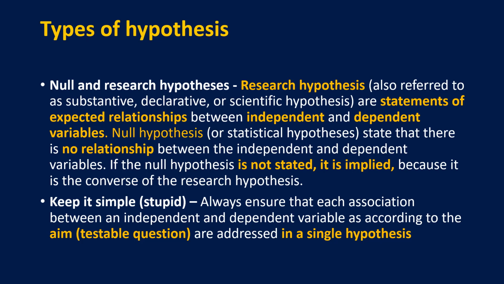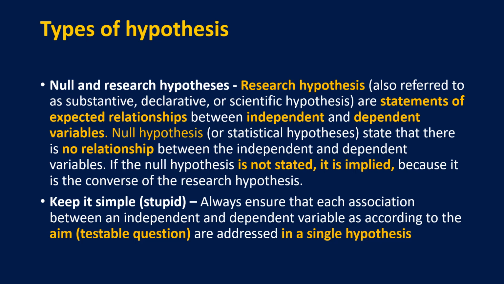So for example, you couldn't word a hypothesis which was HIIT training will increase VO2 max and cardiac output. The reason you can't have that is because what happens if VO2 max increases but cardiac output decreases? So you have to separate them out. You give each of the major variables its own testable hypothesis.